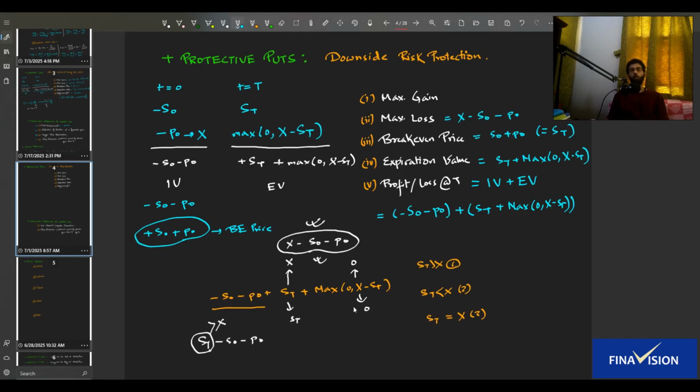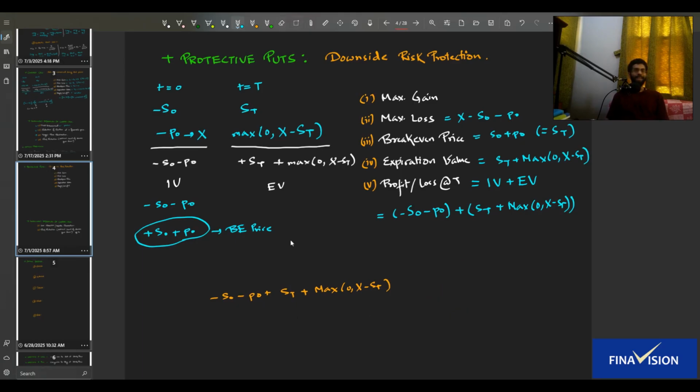Now what is the maximum profit? Maximum profit happens when ST is greater than X. It can be little greater than X or it can be much greater than X, right? The gain can be unlimited actually. So higher the ST is, if it is greater than X, this option expires without any value. So this becomes 0.